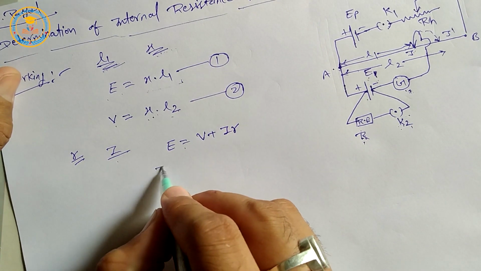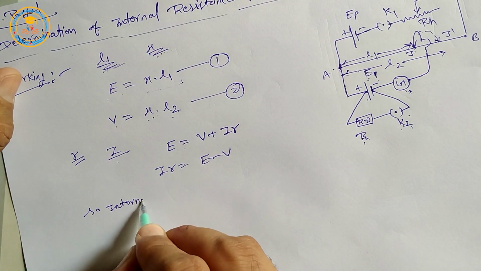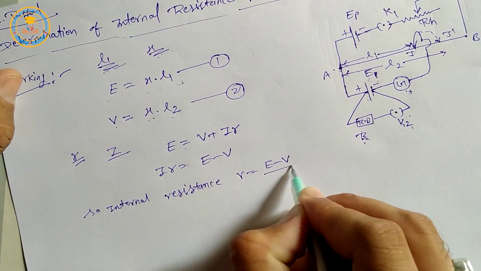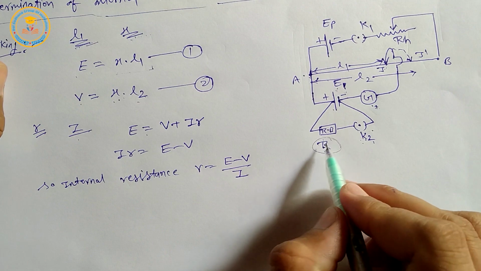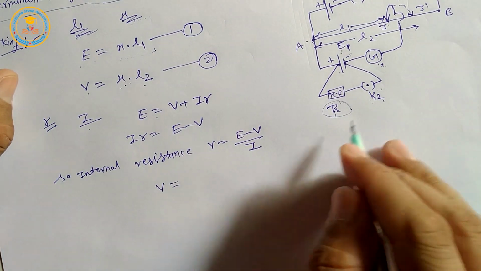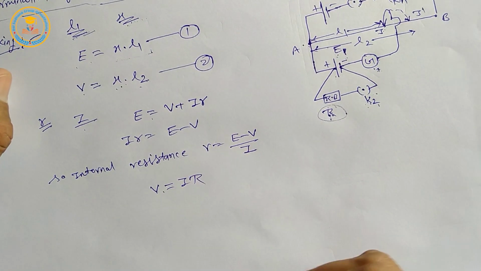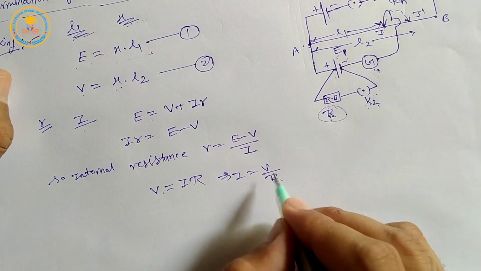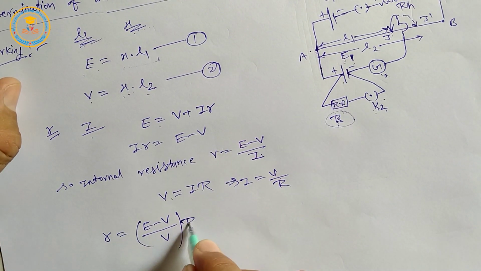From this equation, Ir equals E minus V, so the internal resistance r equals (E minus V) upon I. According to Ohm's law, the voltage drop across this resistance capital R, V, is equal to IR, so put I equals V upon R in this equation.